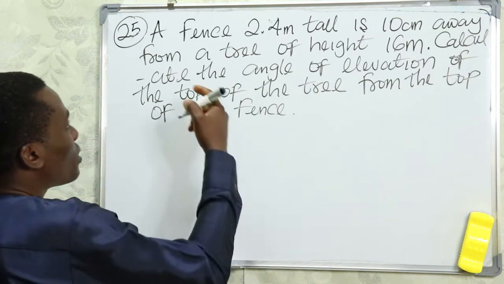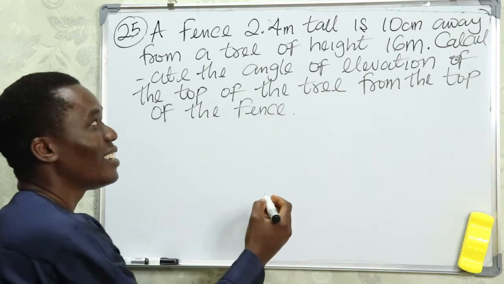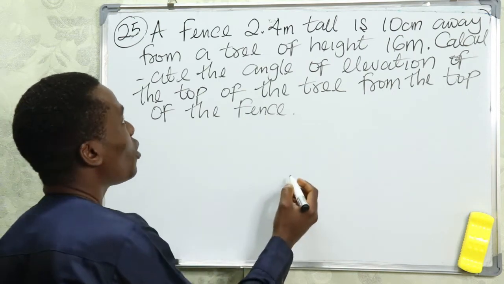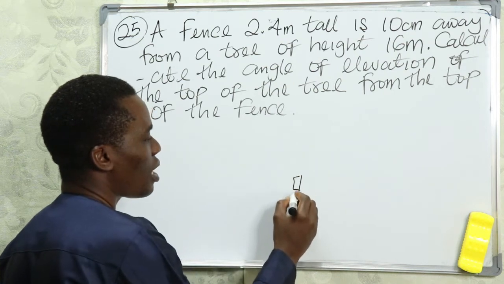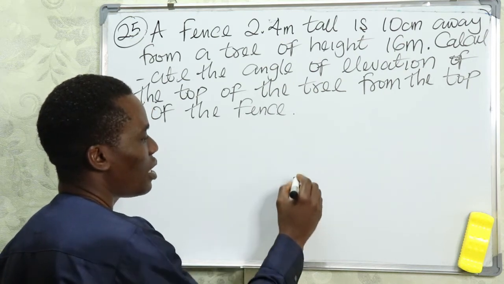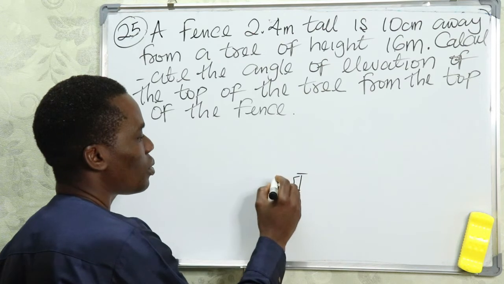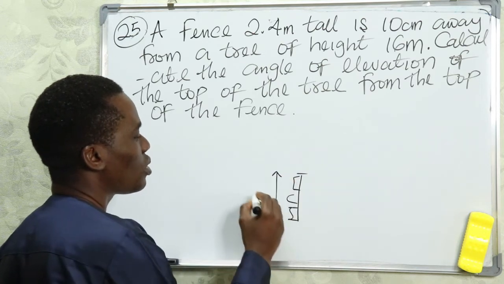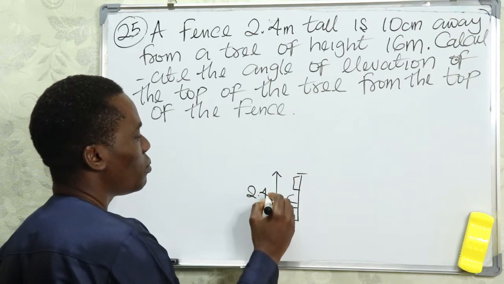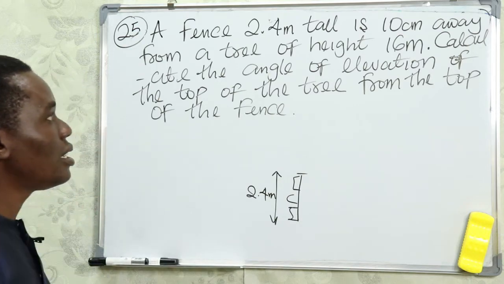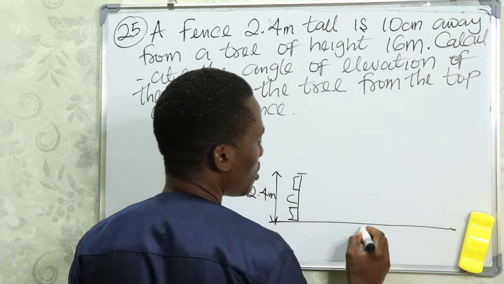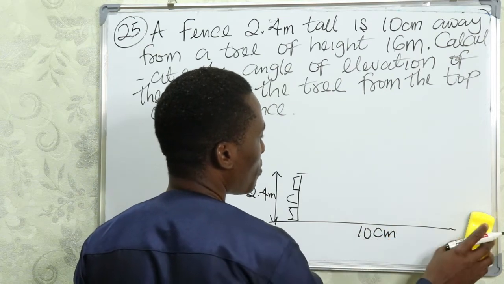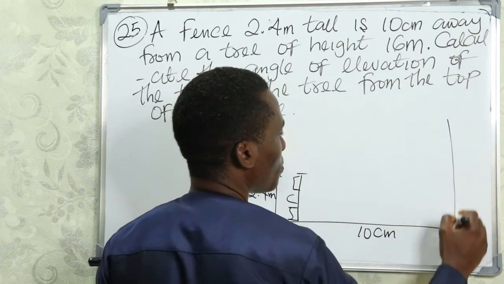Now remember, the question told you that you have a tree, you have a fence, and the fence, let's say we have a fence, and the fence is how many meters tall? The fence is 2.4 meter tall, and it is 10 centimeter away from a tree.